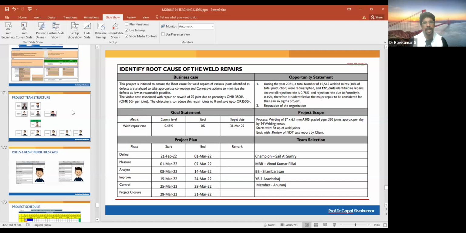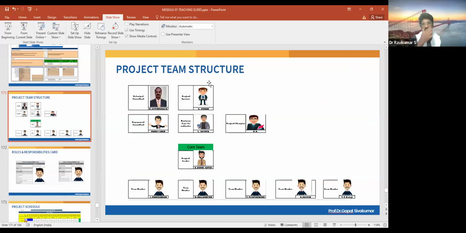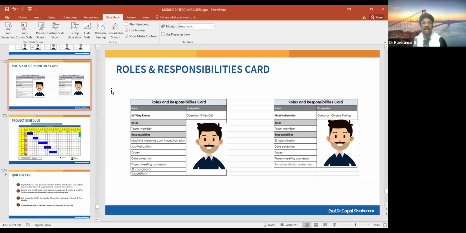And this is how you may have a team structure like this. You can see the project principal consultant, equipment consultant, team members, core team members, and all this information can be provided like this. Similarly, you can have an ID card which provides the roles and responsibilities of every person who is in your team.